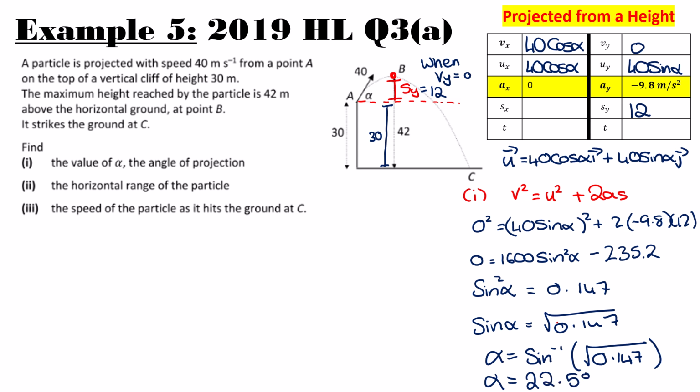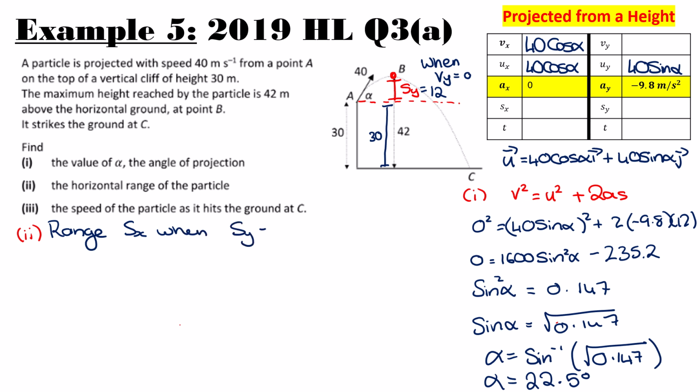For part 2, we're talking about the horizontal range of the particle. As soon as we start talking about the range, we want to change up what's going on in our VUAST table, so we'll take these out. The horizontal range, just to remind yourself, is Sx when it lands.